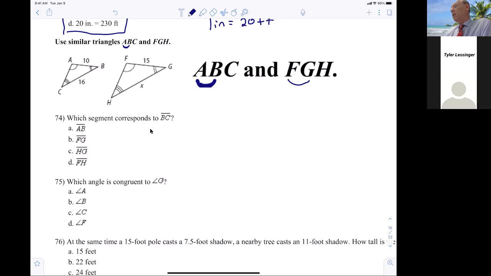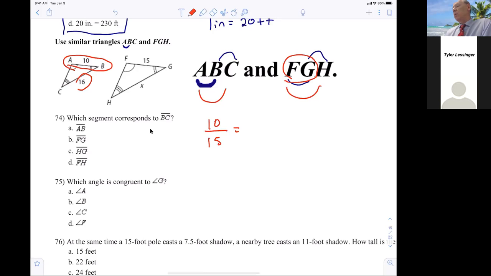And then BC corresponds to what? GH. And the last one is, of course, AC corresponds to what? FH. Now that just means they're proportional, right? So I'm looking at AB. AB is 10. So what does AB correspond to? So what is FG? There you go, 15.